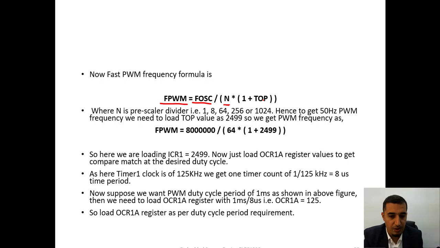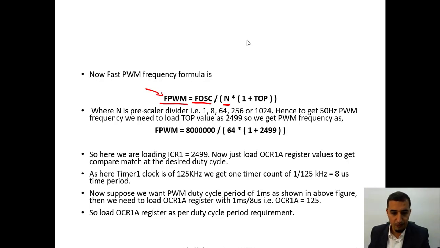We don't know the top, but we know the frequency that we want. Since n is either 1, 8, 64, 256 or 1024, and we want 50 hertz to be our output, we will find the top.